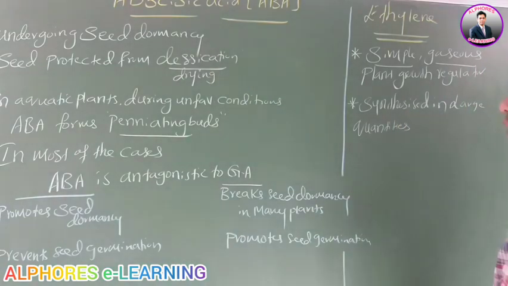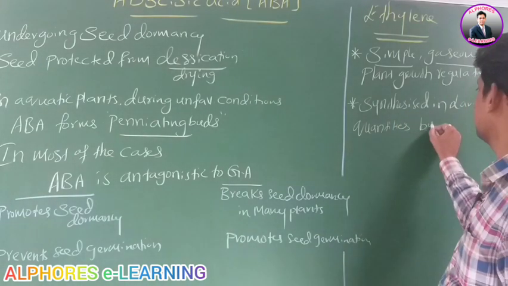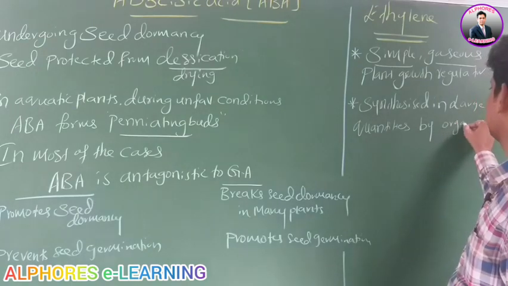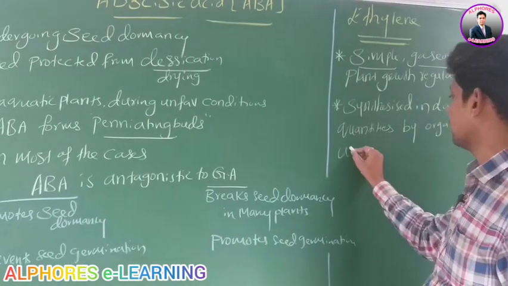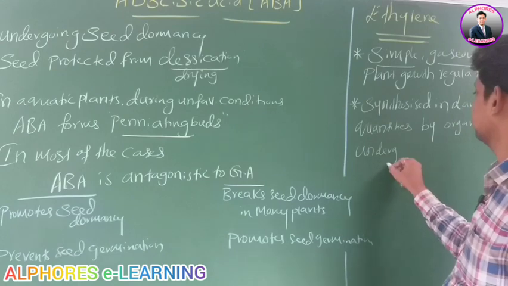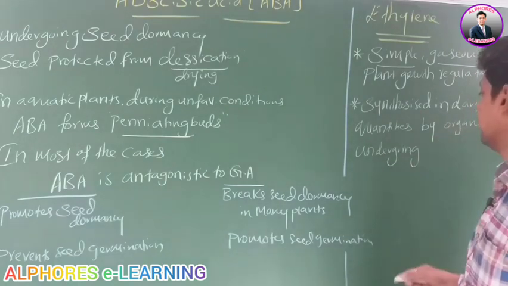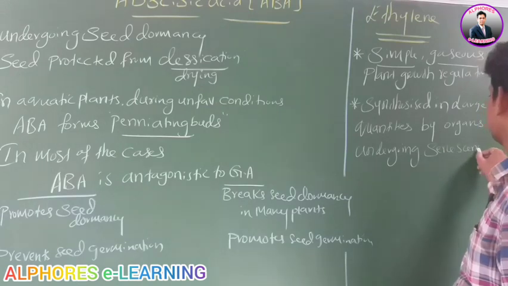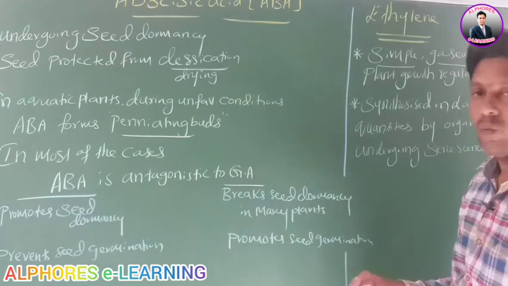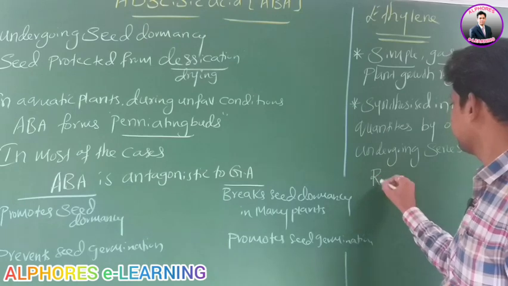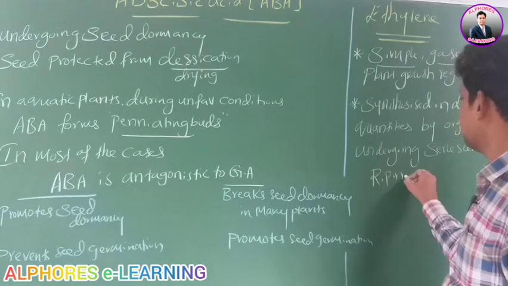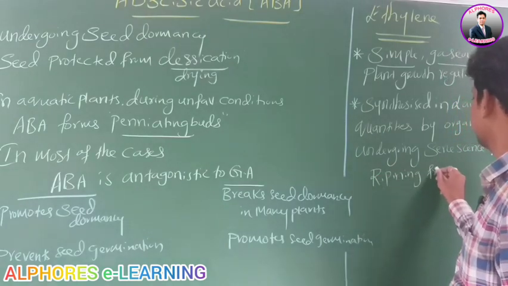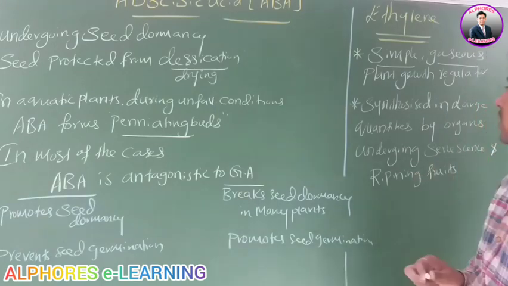Synthesized in large quantities by organs undergoing senescence or tissues undergoing what, sir? Senescence. And what, sir? Ripening fruits. Is this statement okay?